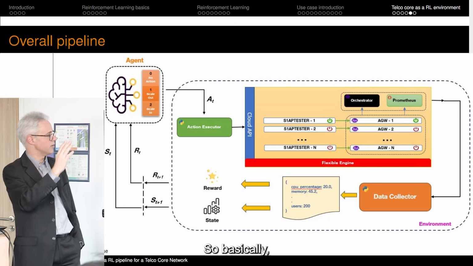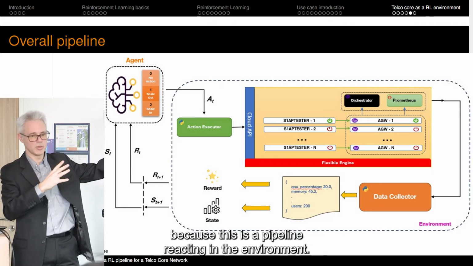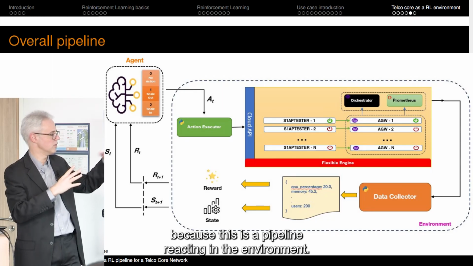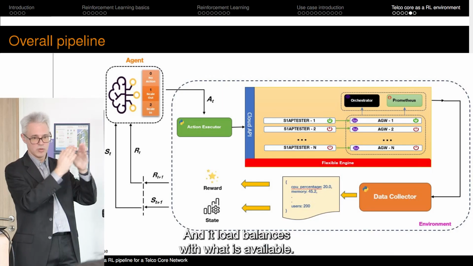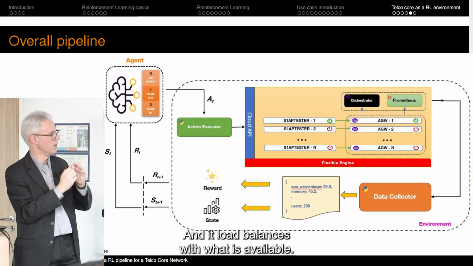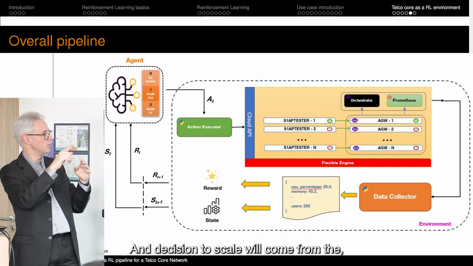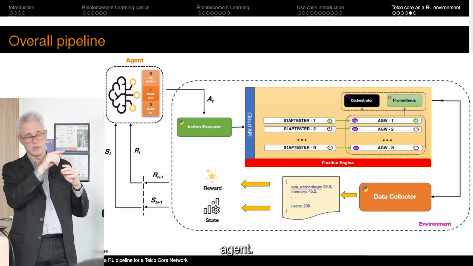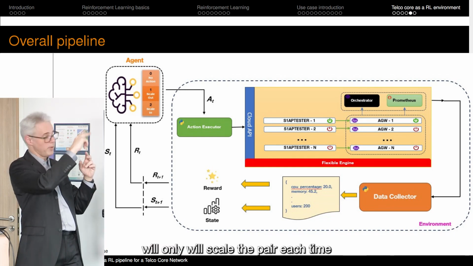The workload doesn't appear here because this is a pipeline reacting to the environment. It sends traffic to what is available, and it load balances across what is available. The decision to scale will come from the agent, and the agent will scale a pair each time.